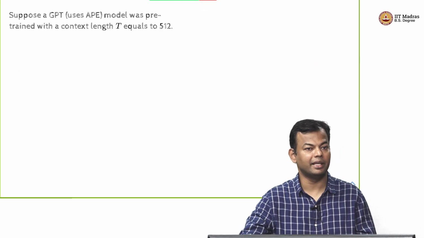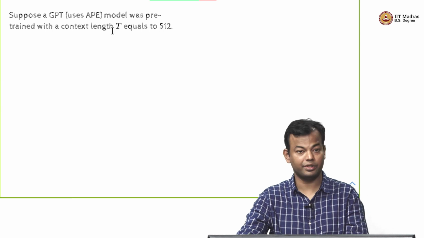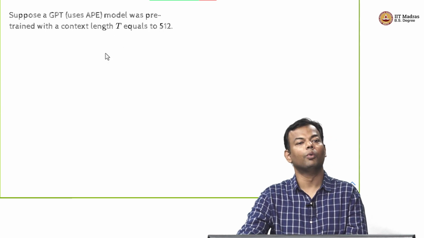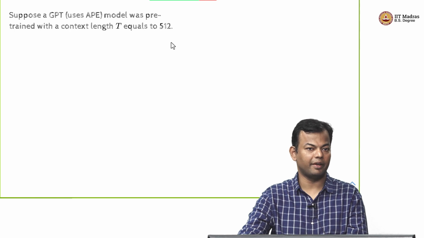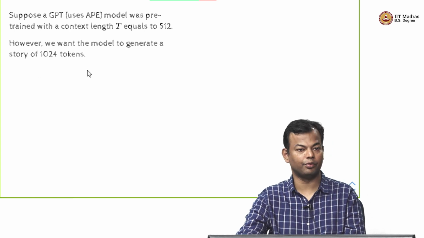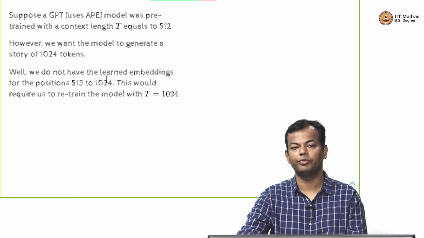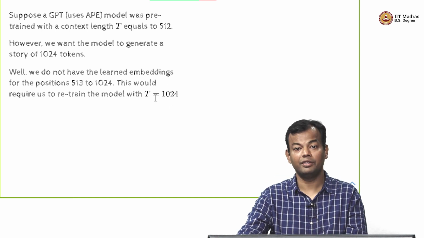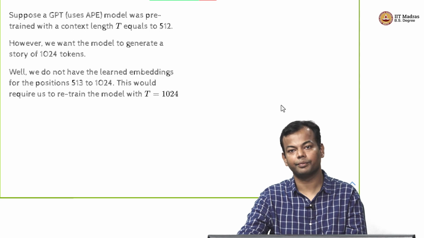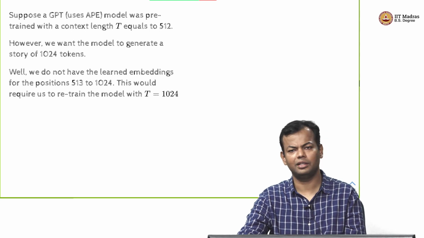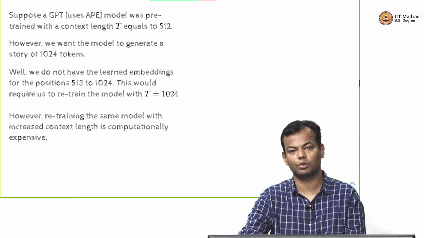This is what I was saying. Suppose a GPT which uses absolute position embedding was pre-trained with a context length T equal to 512. Now you want to generate a story of 1024 tokens. We do not have the learned embeddings for 513 to 1024, so we cannot generate it, and this will require us to retrain the model with a larger sequence length, which is not straightforward. Training models is quite expensive.